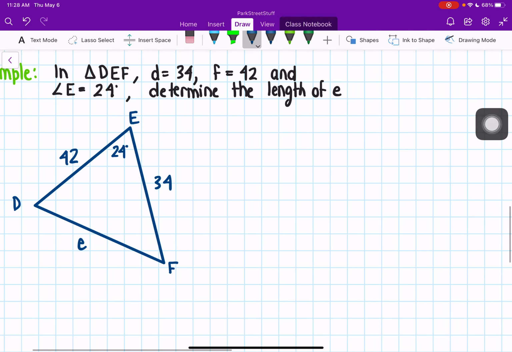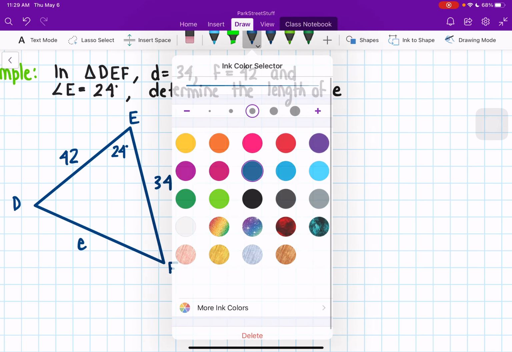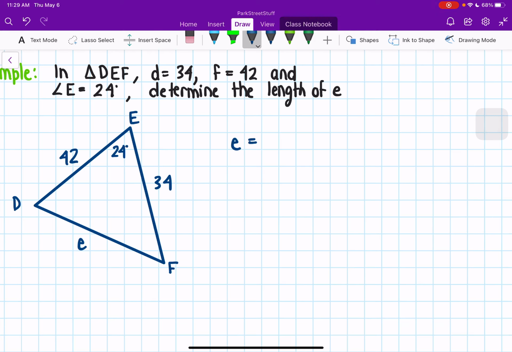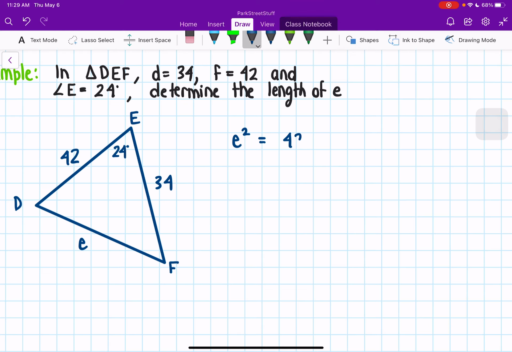So we're going to apply cosine law. And that's going to give us E is equal to, so remember, cosine law is going to give me E squared. So we'll write it out this way, and then I will just get rid of that square by putting in a square root.